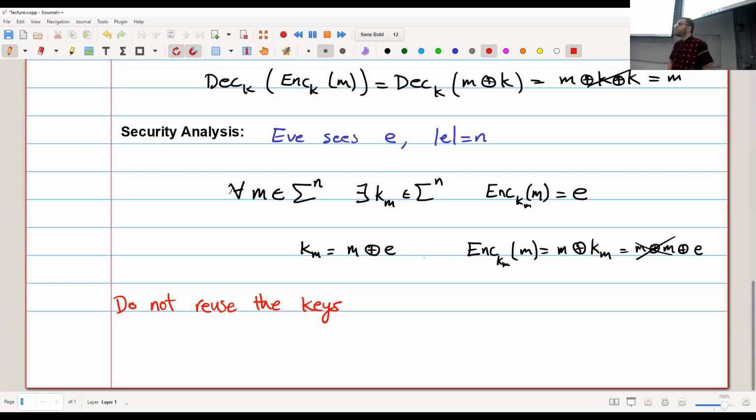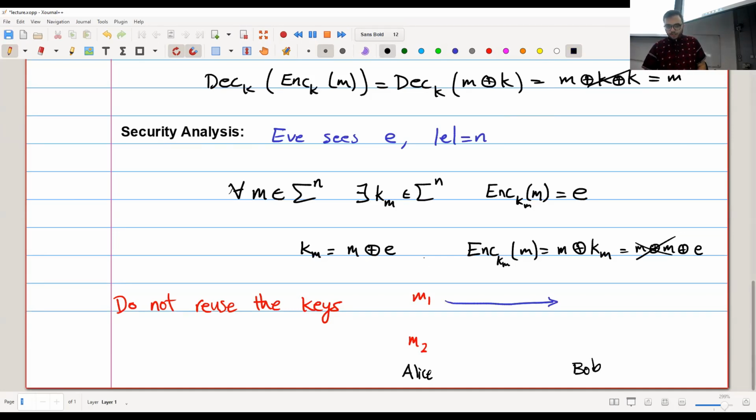Because if you send two messages using the same key, what happens? Well, let's say I first want to send the message M1, and then I want to send the message M2. Okay. Again, this side is Alice. This side is Bob. So when I want to send M1, I actually encrypt it.